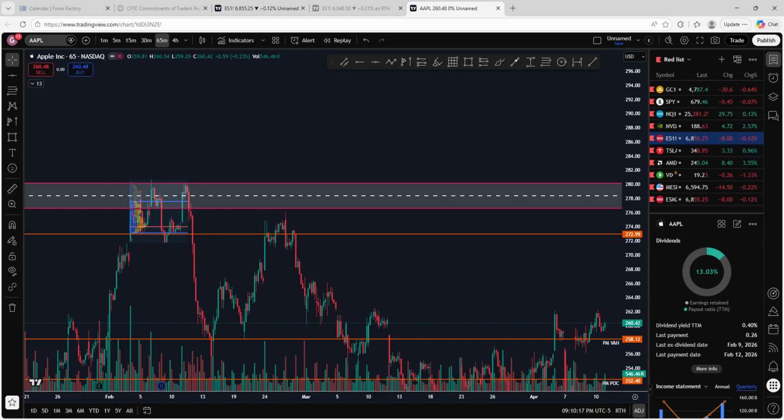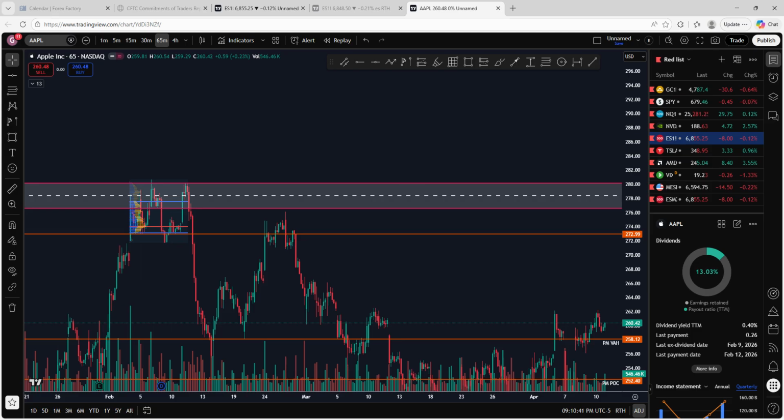But I look for them on the weeklies, I look for them on the monthlies, and I look for them on the previous day's profile. Are you familiar with volume profile? Yeah, like the session volume profile. Yeah, session volume profile, the monthlies and the weeklies.